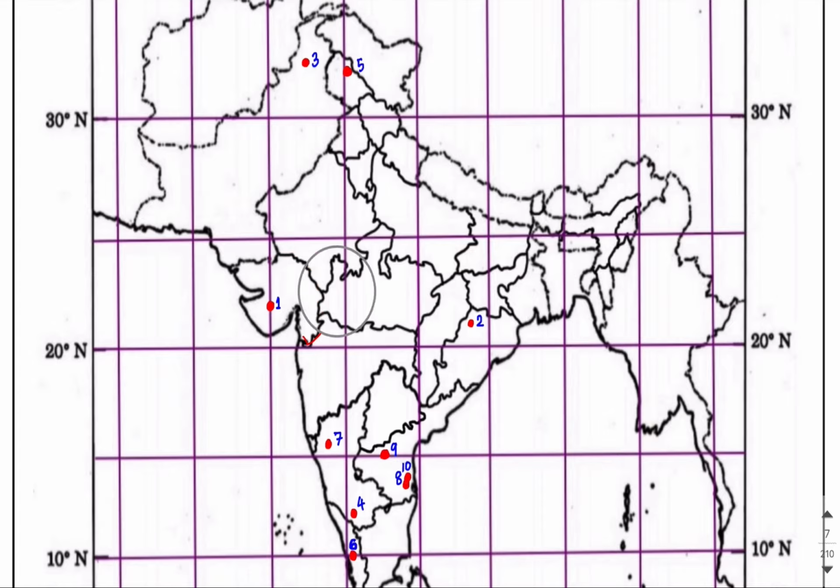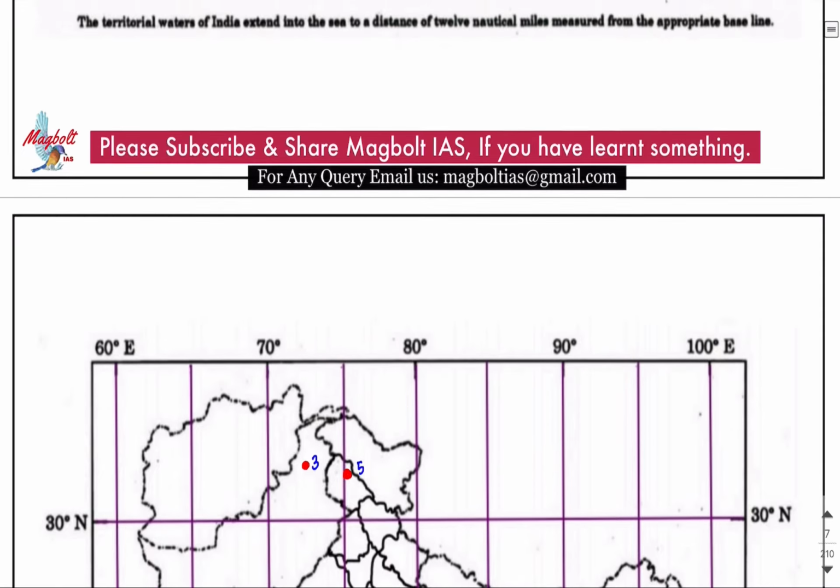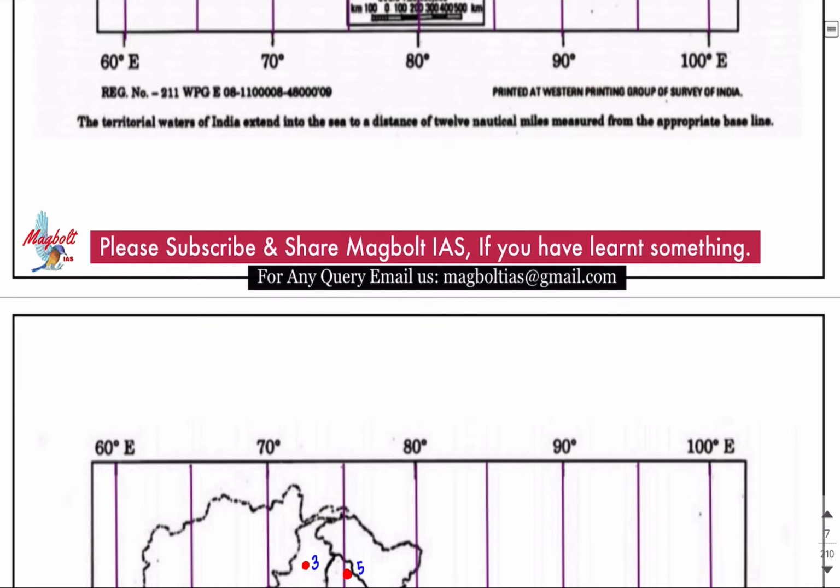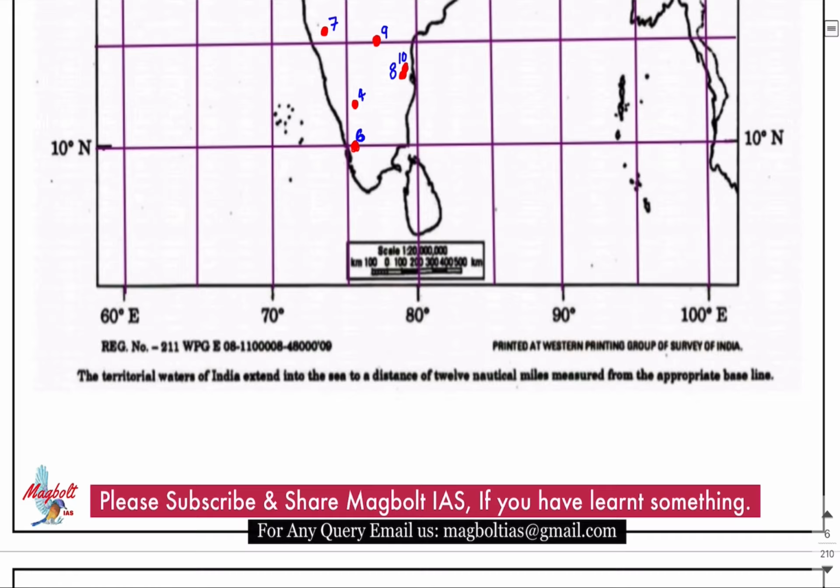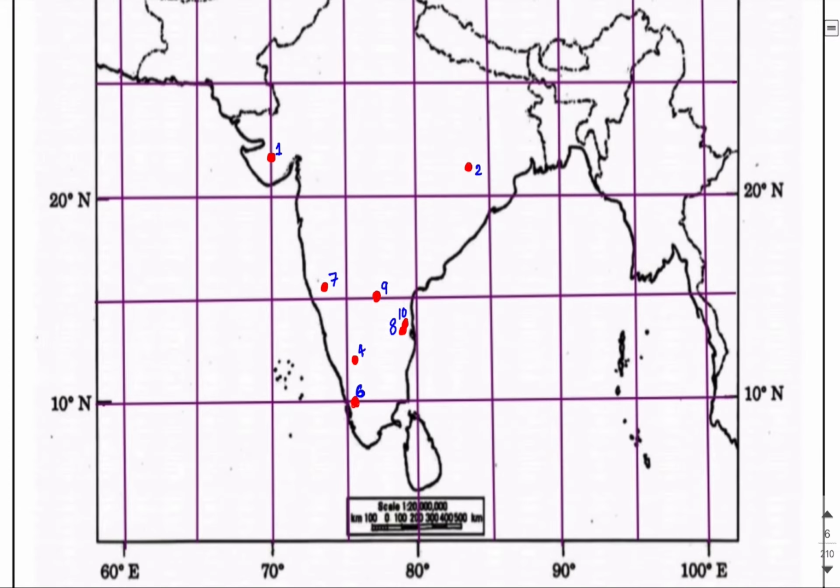If you get the PDF, each and every piece of information is given well decorated. It is authentic, very important, very useful for the history optional, particularly dealing with the map section.